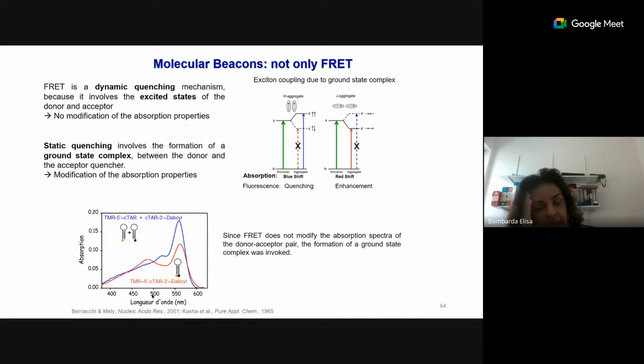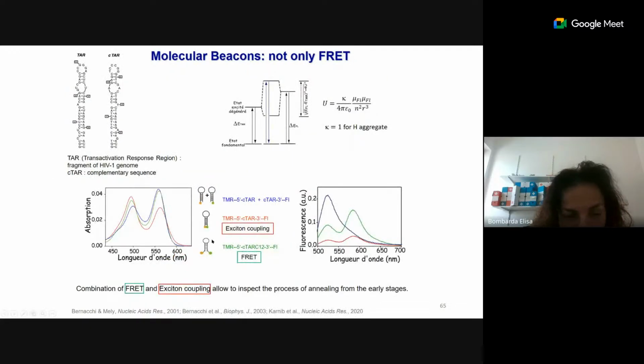Taking care about this phenomenon was allowing to better quantify the dynamics of opening of this probe. So maybe I show it here, so that you see. That was the real system on which it was used.